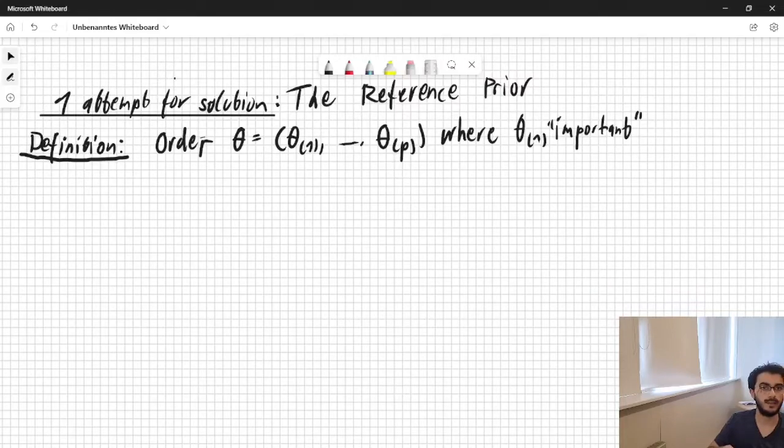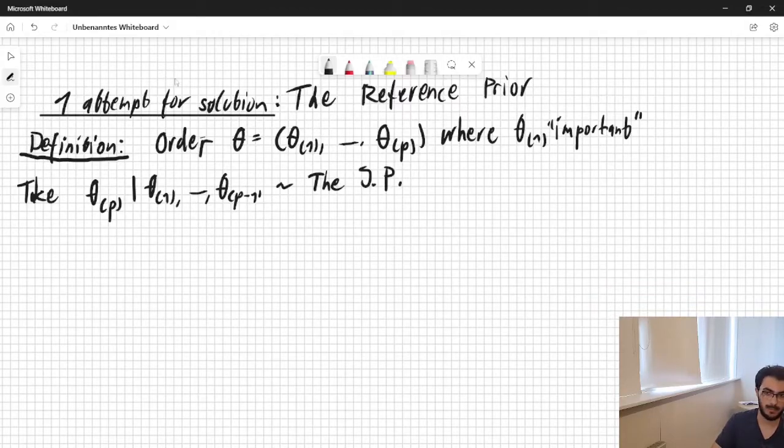And the idea is the least important value is the one we are most indifferent about. So for the prior of theta p given theta 1 up to theta p minus 1, we take the usual one-dimensional Jeffrey prior, where we take all other coordinates fixed.